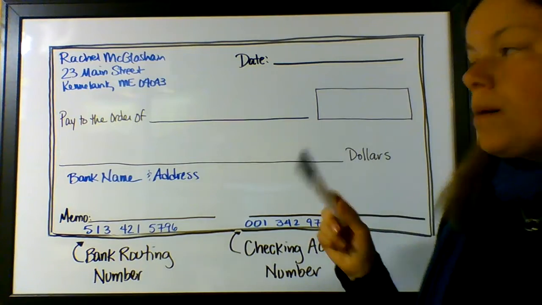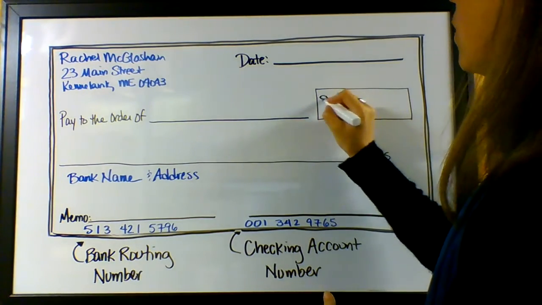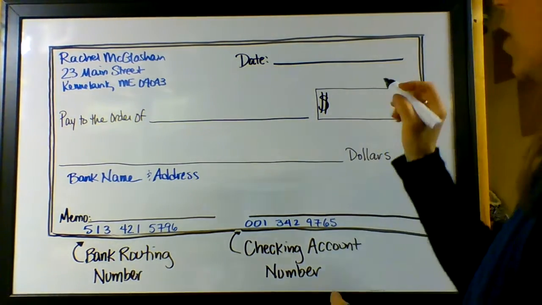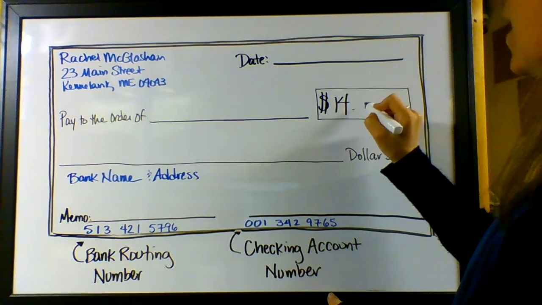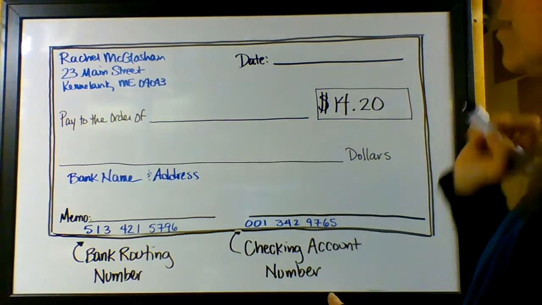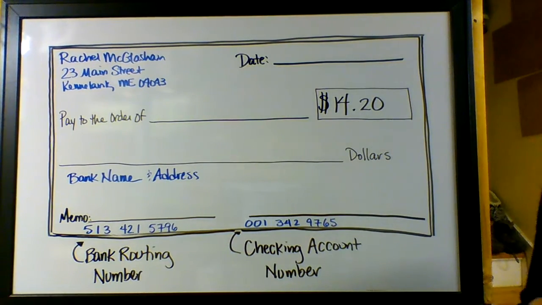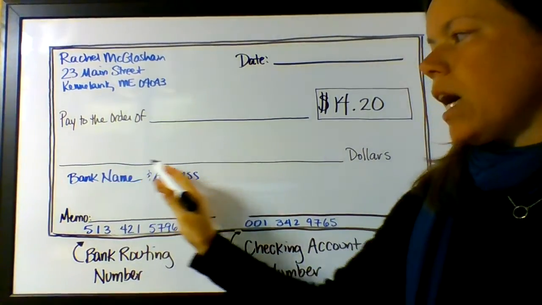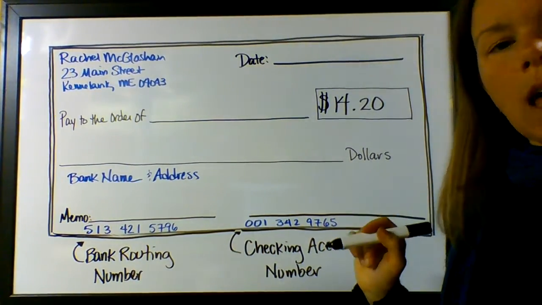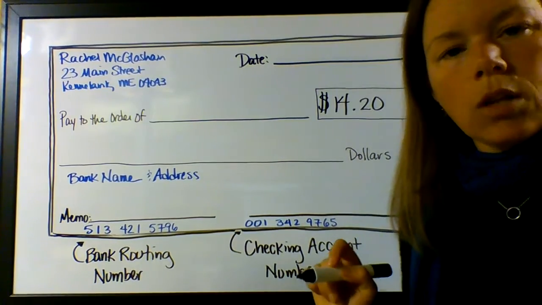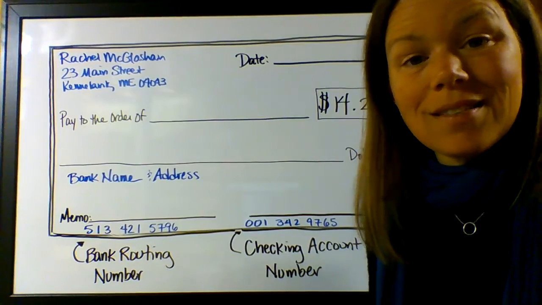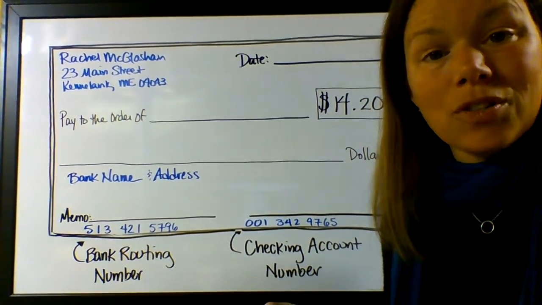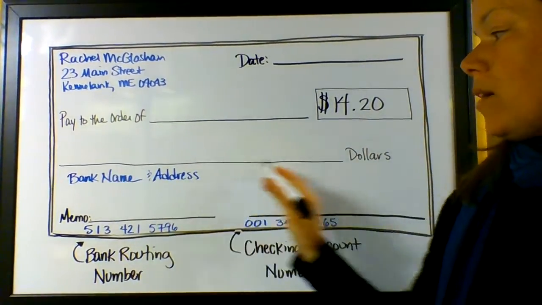This is where the dollar amount goes. So you would write this in actual dollars. So if you wanted to write a check for $14.20, then you would write that dollar amount in there. Okay. On this line here, this big, long, open line, this is where you write out the dollar amount in words. This is where you get to go back to that 2nd grade skill where you learned to write numbers in words, and you write them out here.